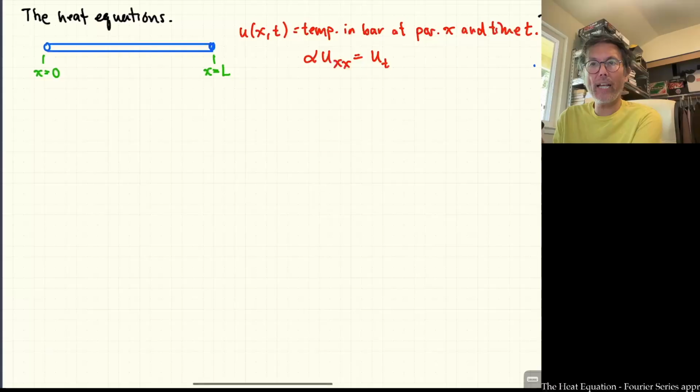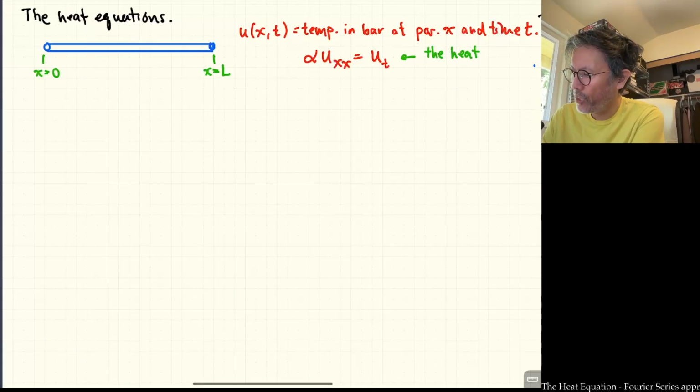So u sub xx is the second partial of u with respect to x twice, and u sub t is the partial derivative of u with respect to t. Alpha here, crucially, is just some constant that has something to do with the conductivity of the heat through the bar. So alpha we're going to treat as a constant. This is called the heat equation.